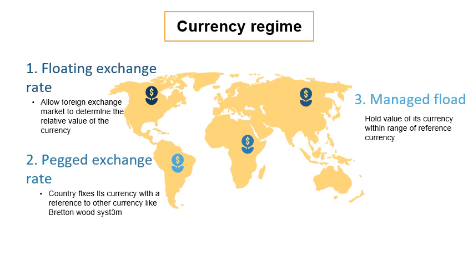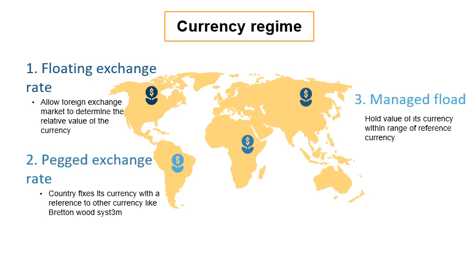So that's why after 1973 many different types of currency regimes were practiced. The first type of currency regime is the floating exchange rate, which allows the foreign exchange market to determine the relative value of the currency, so the value of the currency is determined by demand and supply.